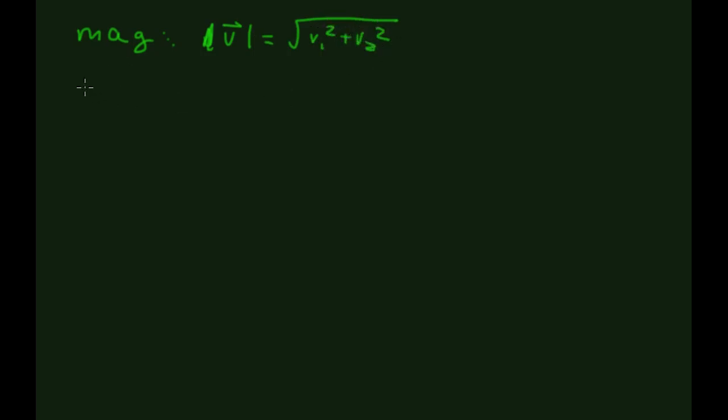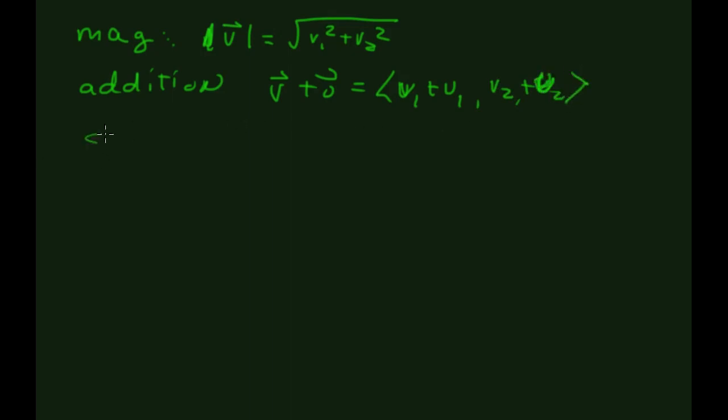If I have addition, v plus u is one component from v plus a component from u, and then the second component from v plus the second component from u. Scalar multiplication is a constant times the vector, which is just the constant times its components.